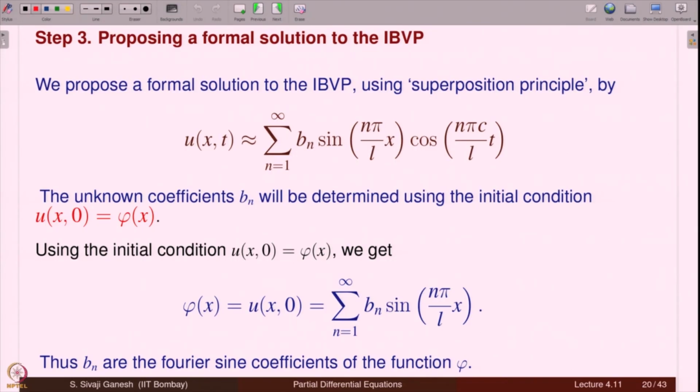So, bn's are the Fourier sine coefficients of the function phi. That means when we express phi as a Fourier series, it should have only sine terms, that means cosine terms must be missing, and bn's will be the coefficients of sine terms. Cosine terms must be missing tells us that the function should be kind of an odd function, we will see that.